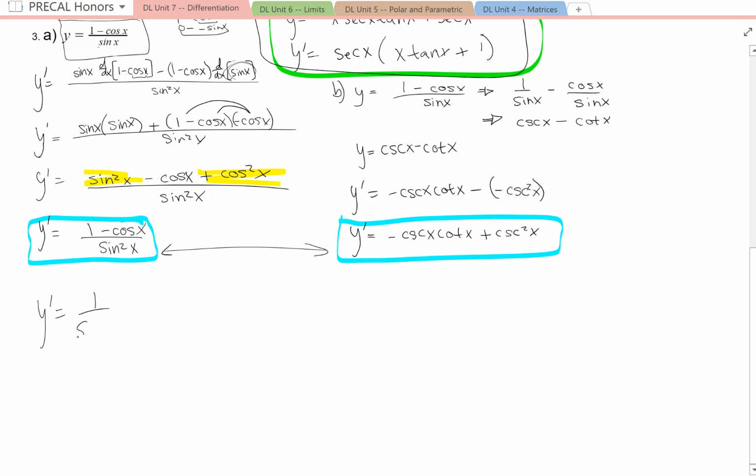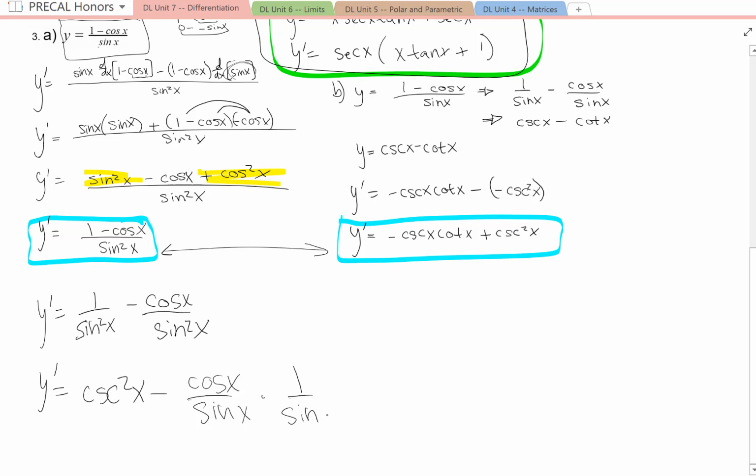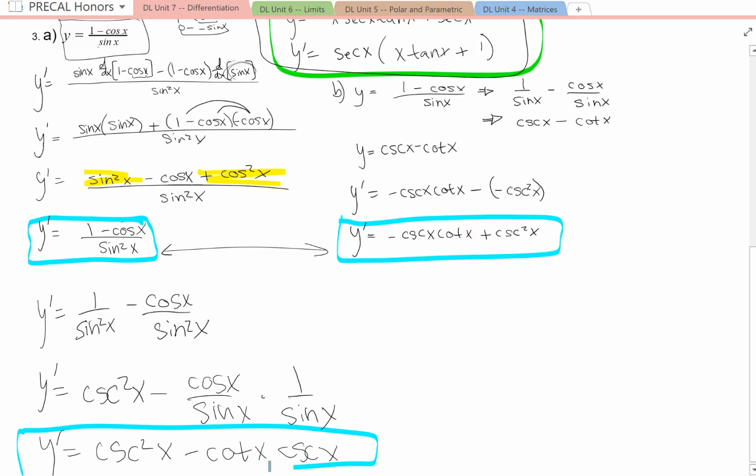Well, this is just 1 over sine squared x minus cosine x over sine squared x. 1 over sine squared x is cosecant squared x, minus, and then you'd have a cosine x over a sine x, and then you still have a sine x on the bottom. All right, that would be cosecant squared x minus cotangent x cosecant x. This is the exact same as the ones we had above. So any of these would be acceptable answers for your trig derivative.